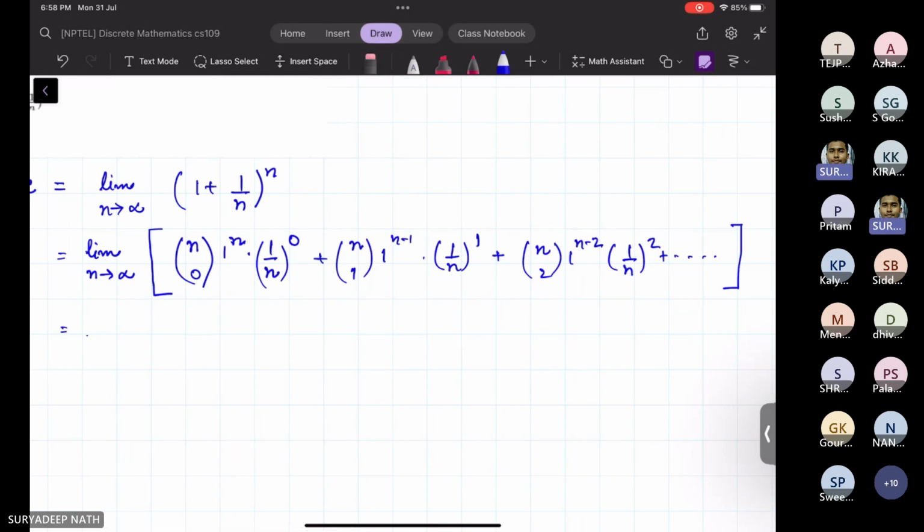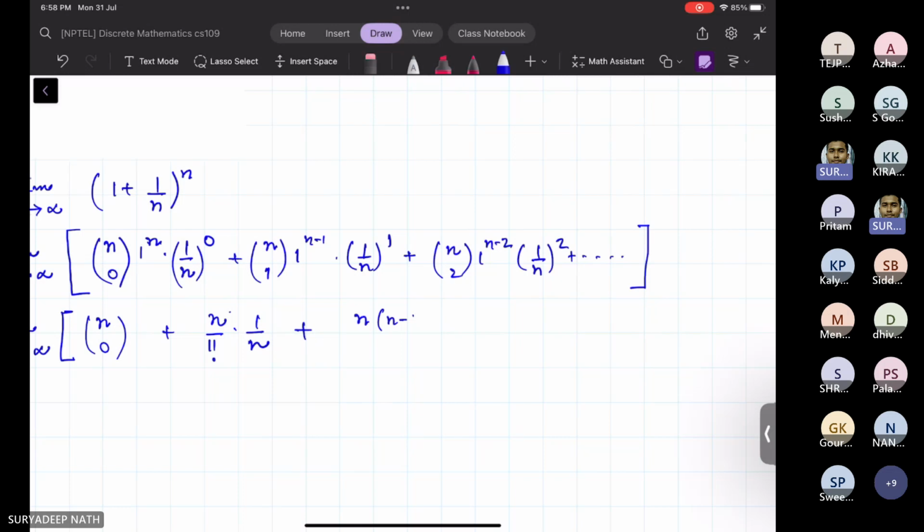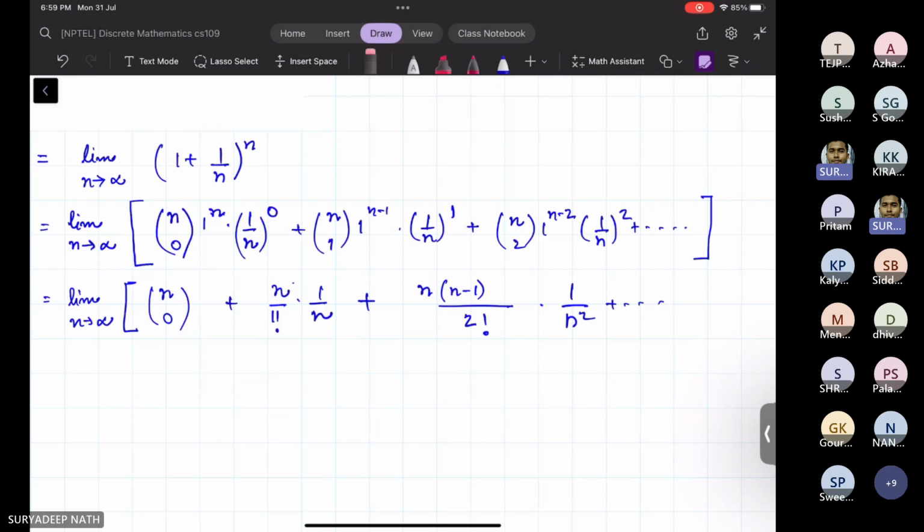If we now rewrite them and take the limit n tends to infinity, we get n choose 0 plus n choose 1, which is basically n, times 1 by n, and for n choose 2 we have n into n minus 1 into n minus 2 over 2 factorial, divided by n square, and so on.